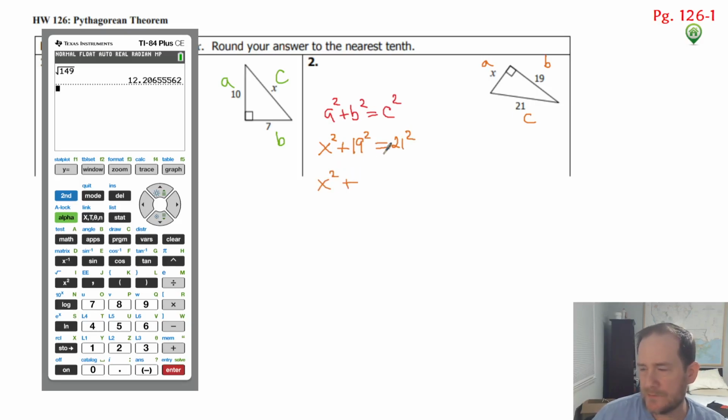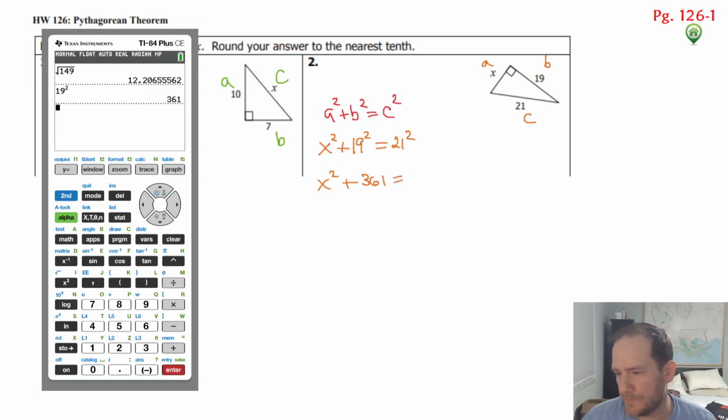So x squared, that's great. We got to do 19 squared now, so 19 squared, 361. And then 21 squared, 441.